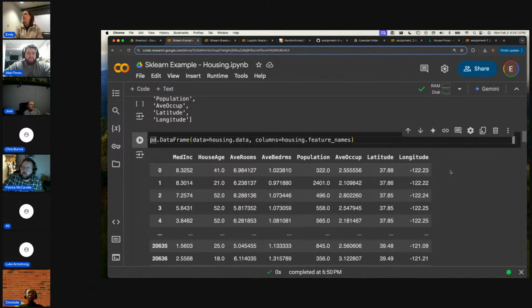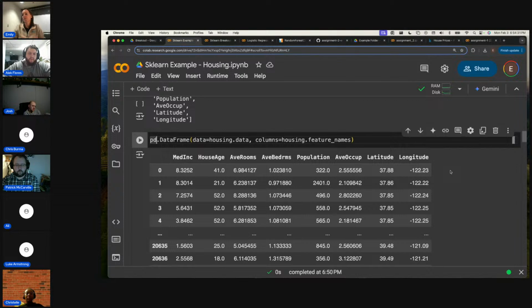That's a good question. Pandas is a package that has its own data type. So just like integers are data types, floats are data types, strings are data types, pandas invented this data type called a data frame.